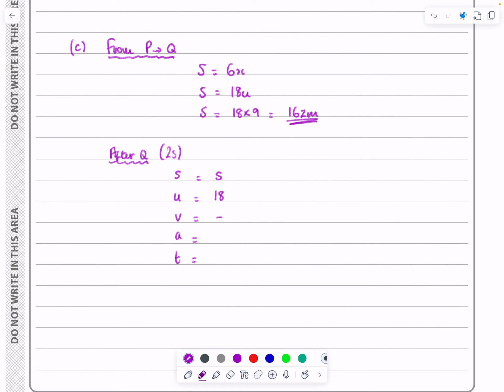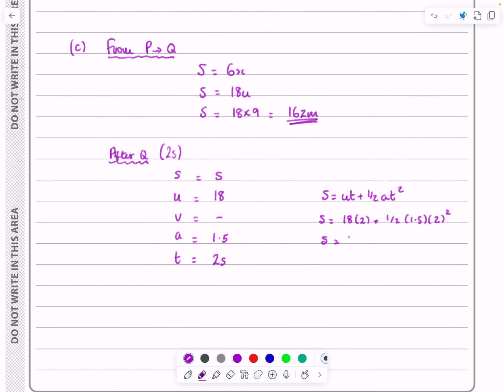The acceleration is equal to 1.5, remember, in that part of the journey, and we are only doing 2 seconds worth of that journey. So s, u, a, and t, well, that's the third one of our kinematics formulae. I'm going to use s equals ut plus half at squared. So s will be equal to 18 times 2, plus half lots of 1.5 times 2 squared, and then just work all that out.